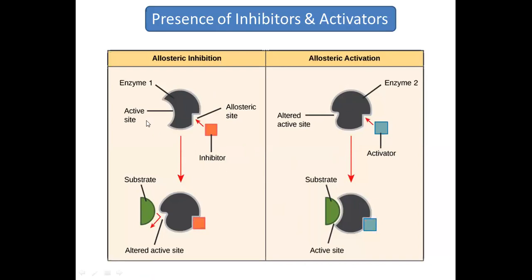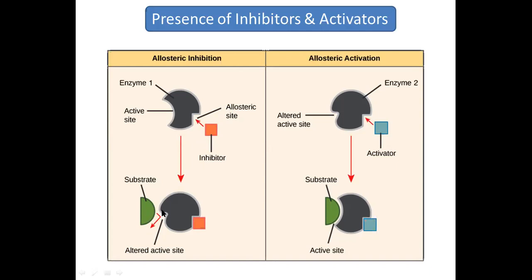Here we can see the binding site, the enzymatic active site, where the substrate will come and bind. Now this is an inhibitor, binding at an allosteric site. What is its role? It will inhibit the binding of the substrate.